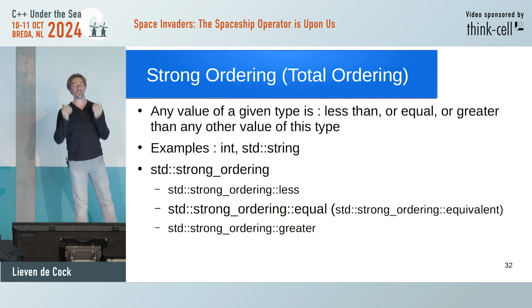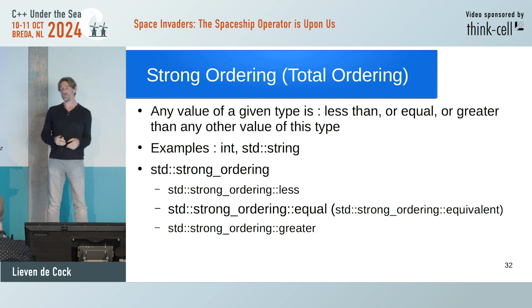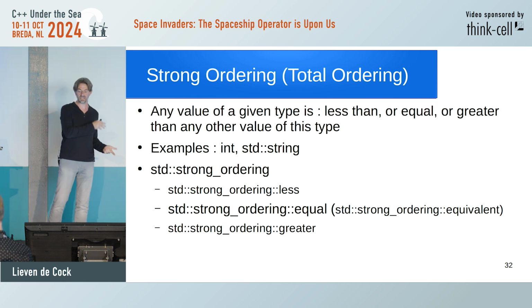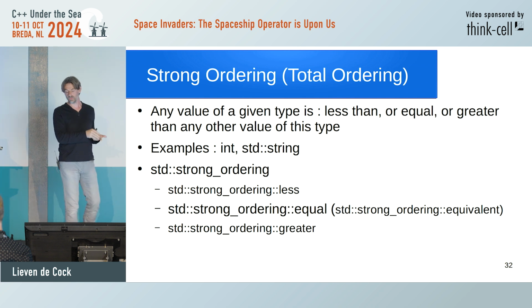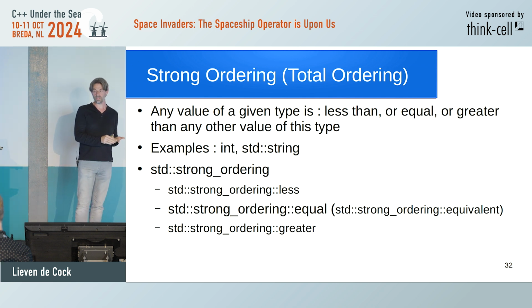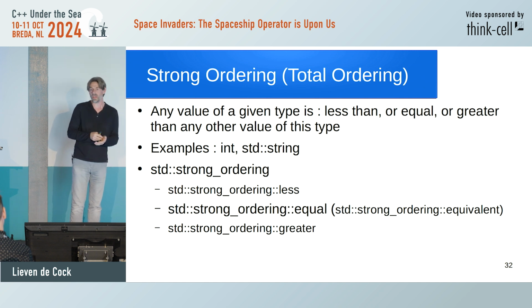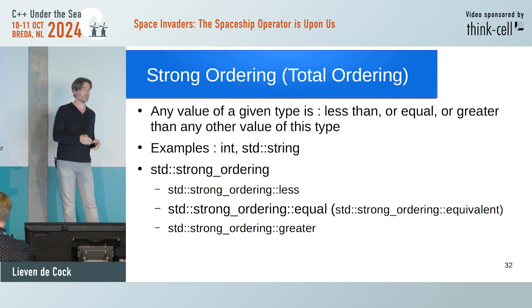So strong ordering means any value of a given type can be compared. And it will either be less than, equal to, or greater than. An example: integers. You can compare them, the outcome is defined. std::string. So a spaceship operator, for example, on std::string, will give something of the type strong ordering.